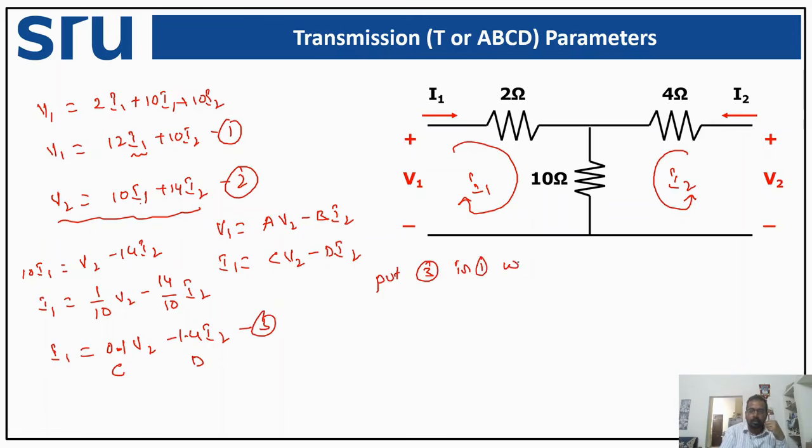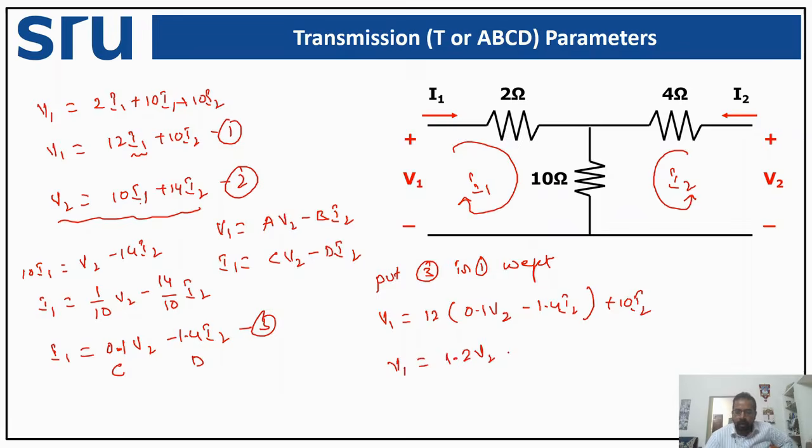We get V1 is equal to 12 into (0.1 V2 minus 1.4 I2) plus 10 I2. If you multiply, we are going to have V1 equal to 1.2 V2 minus 12 into 1.4 I2 plus 10 I2.